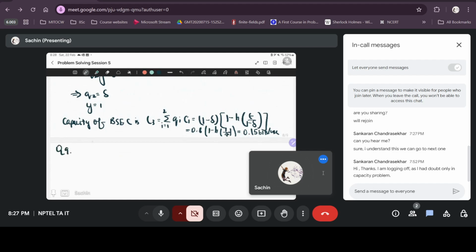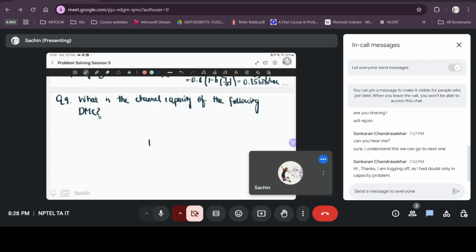Question 9. What is the channel capacity of the following DMC? The probability that z equals 0 is equal to the probability that z equals 1, which is half.